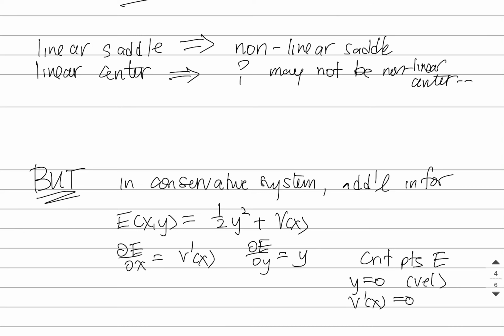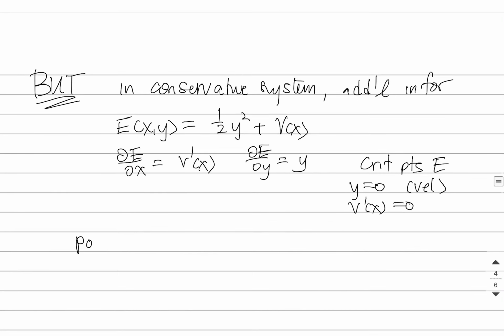So the point of all of this is that the critical points of the energy are exactly the same as the critical points of this potential energy. And now that means we can use the standard classifications that we've got.